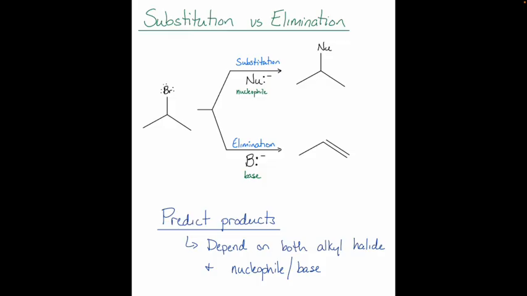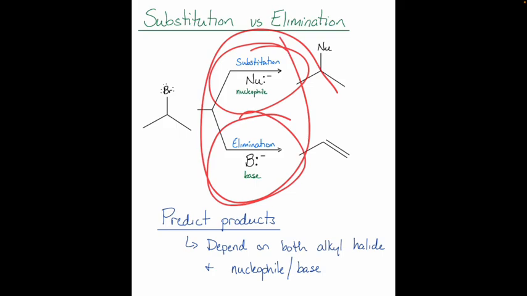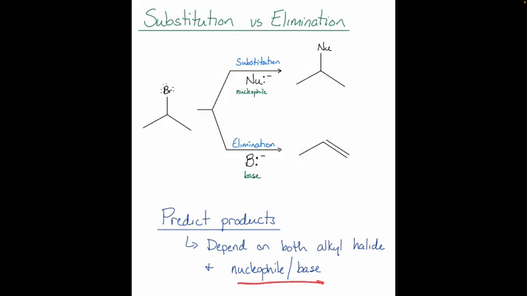We've talked about our different alkyl halides, methyl versus primary versus secondary versus tertiary. That's going to factor into what reaction occurs: substitution, elimination, or some combination of both. Now let's talk about the other thing, our reagent, our nucleophile slash base.